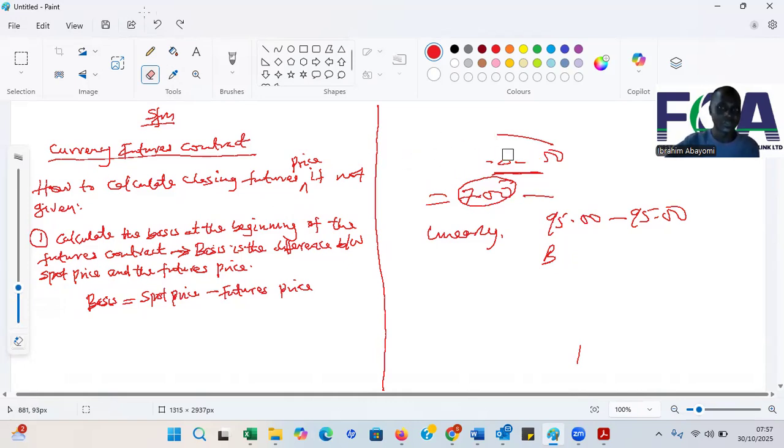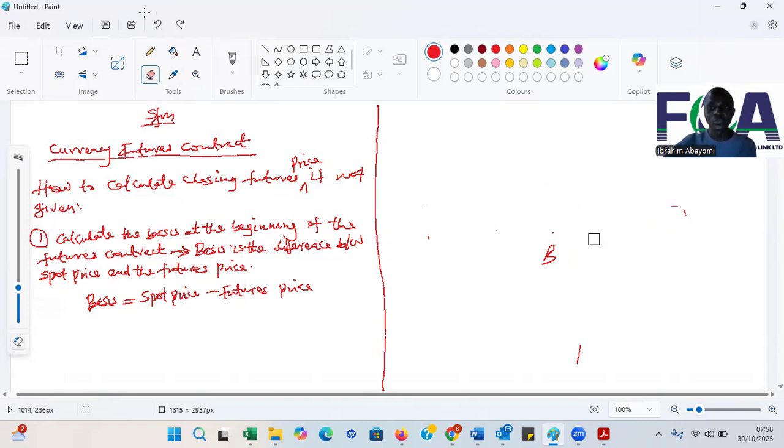So, because it is not zero, we need to estimate the basis when we enter into that transaction. Now, after you enter into that transaction, let's say your transaction date is July.